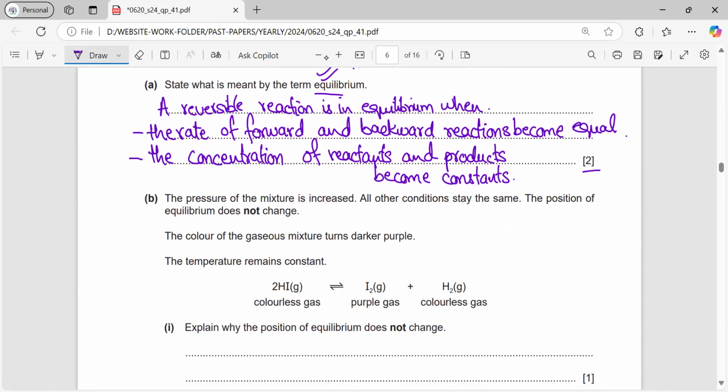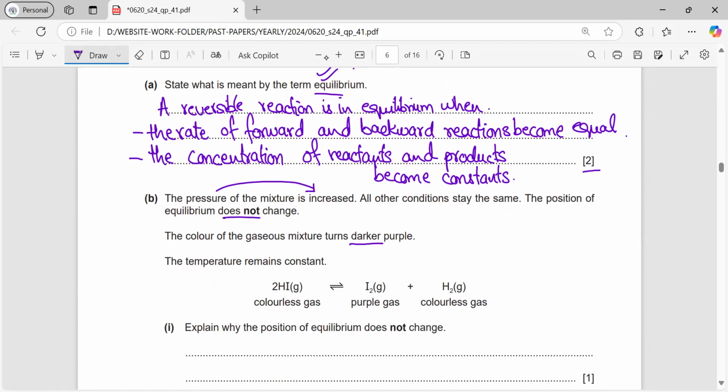The pressure of the mixture is increased. All other conditions stay the same. The position of equilibrium does not change. The color of the gaseous mixture turns dark purple. The temperature remains constant.